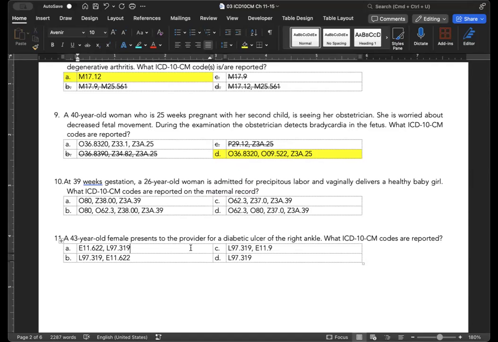Okay. So we have 2 that have O80, actually technically we have 3 that have O80. It's just not in the first location. And then we have 3 that have O62.3. So O80, let's go look at O80.